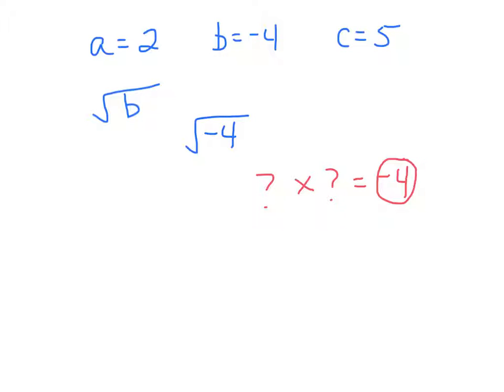Well, you certainly can't multiply 2 times 2 to get a -4. You also can't multiply a -2 times a -2 to get -4, because a negative times a negative is equal to a positive. So there is no number that you can multiply by itself to get a -4.